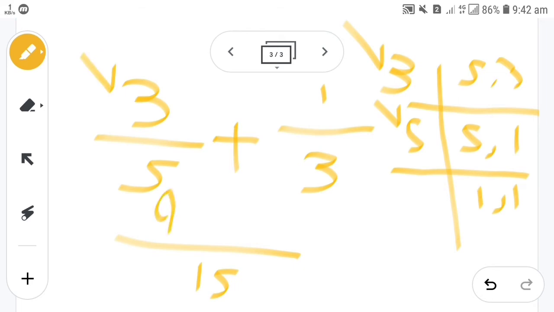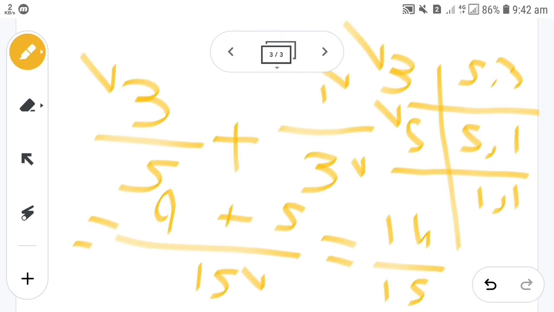Now 15 divided by 3 gives 5, and this 5 will be multiplied by this 1. 5 multiplied by 1 is 5. 9 plus 5 is equal to 14 by 15. In this way we can add unlike fractions.